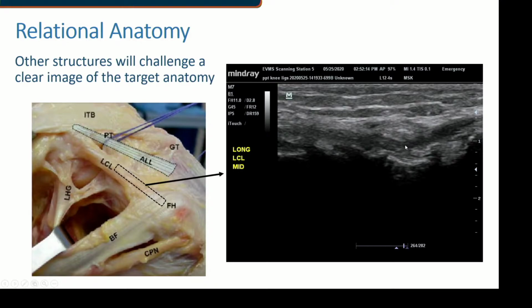They're both headed to that fibular head. And so those are the things that might confound when you're trying to establish what you're looking for.